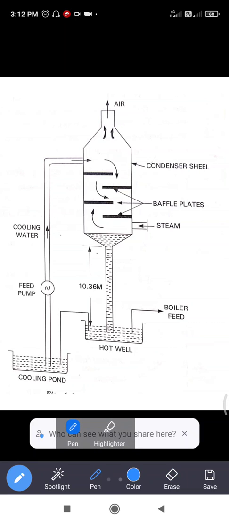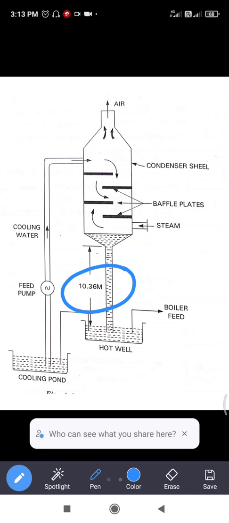First, the high level or barometric jet condenser is similar to the low level counter flow jet condenser, but the condenser shell is situated at a height of 10.36 meters from the level of the hot well, and accumulated condensate will drain by itself without the aid of a condensate pump. This is a high level jet condenser.